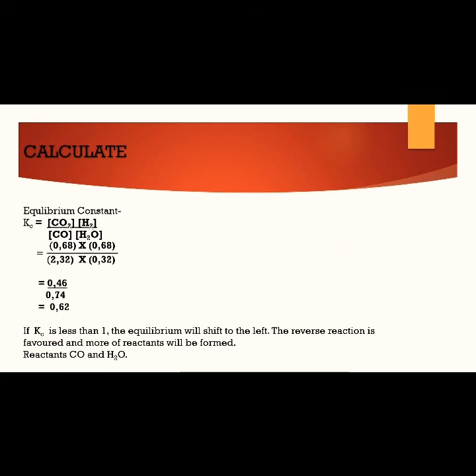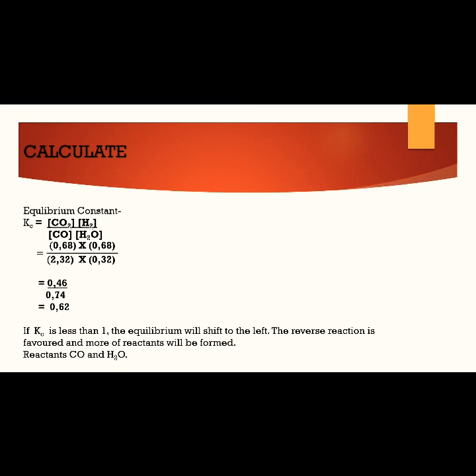Then you are required to calculate the Kc. Kc equals the concentration of carbon dioxide in square brackets multiplied by concentration of hydrogen gas over concentration of carbon monoxide in square brackets multiplied by concentration of water in square brackets.